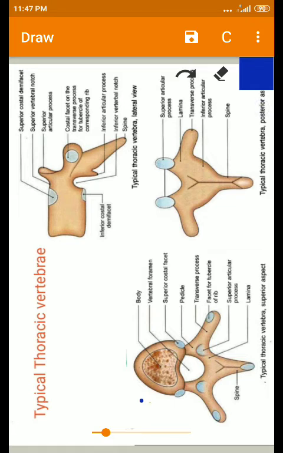Okay, and also another facet, which is present on the transverse processes.